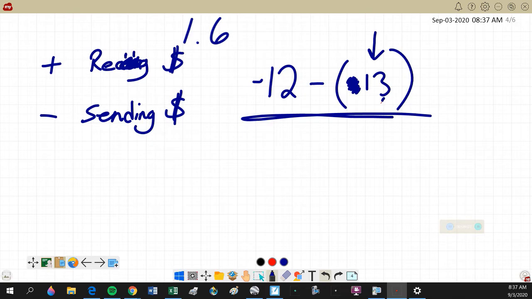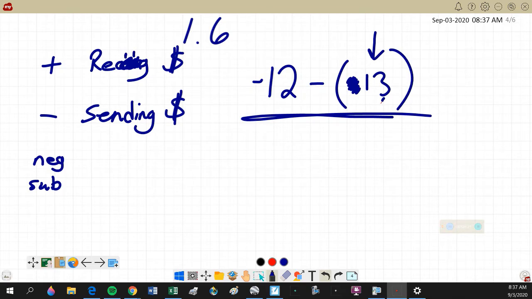So there's a difference between negative and subtraction, right? Negative tells you if it's a payment or a request. Subtraction means you're sending.